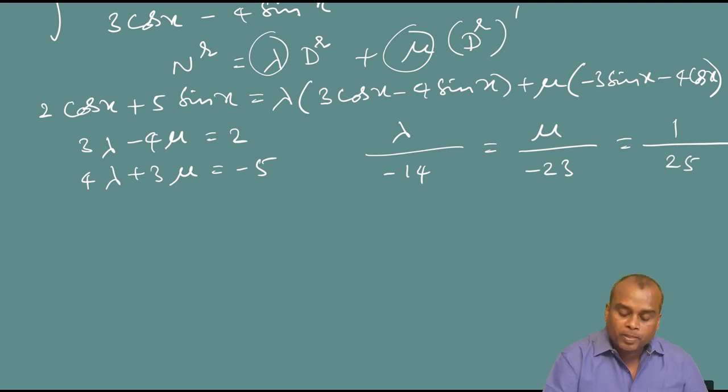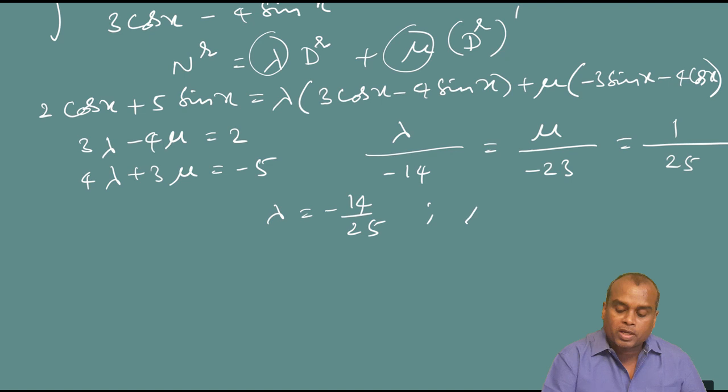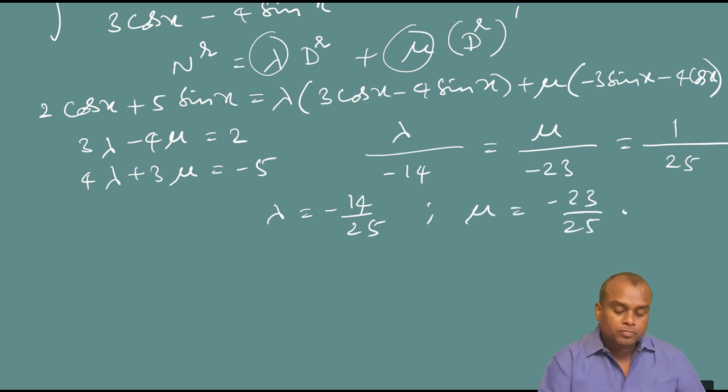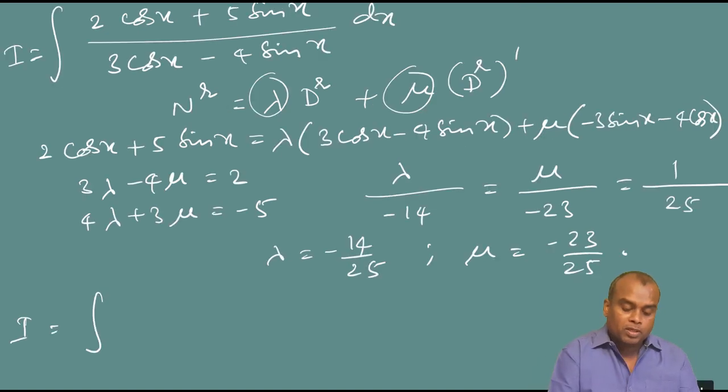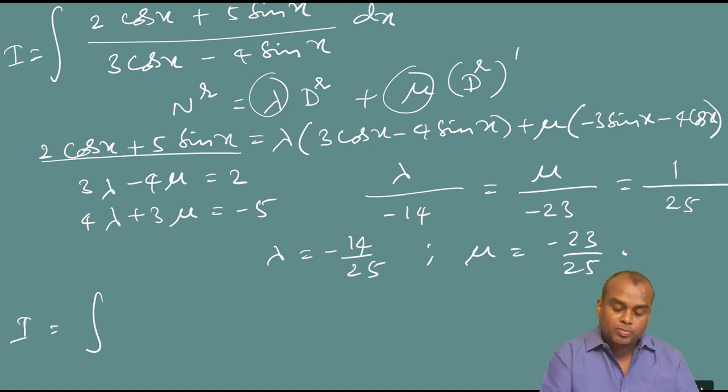So I am getting lambda as minus 14 by 25 and mu as minus 23 by 25. So substituting these values back there, I is equal to integral numerator, it is lambda times this.